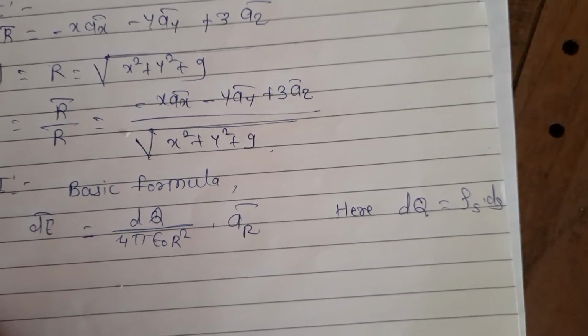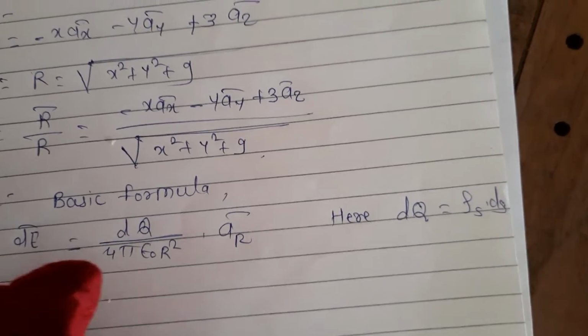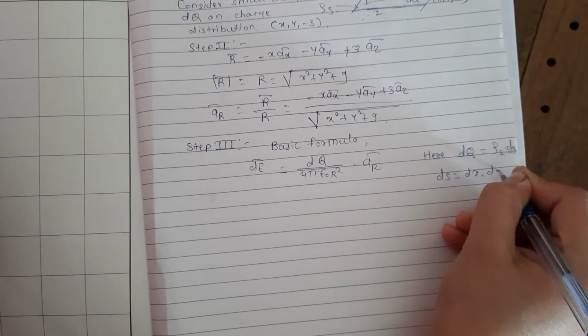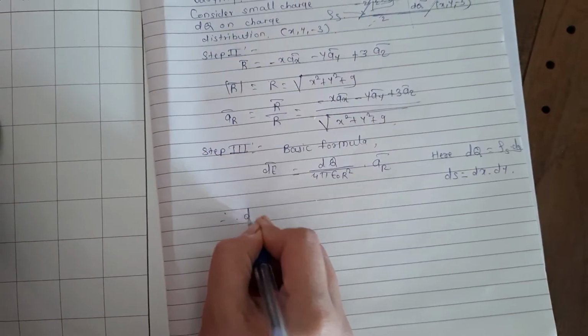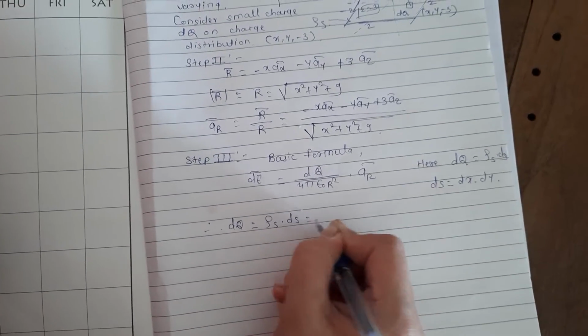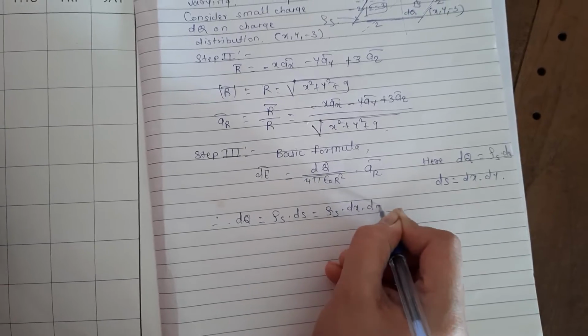But here z = -3 is constant, so delete dz and take the multiplication of the remaining two, dx and dy. So ds is equal to dx dy, and dq is rho s dx dy.